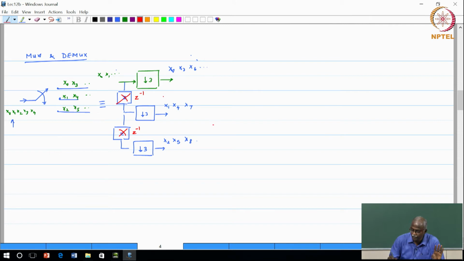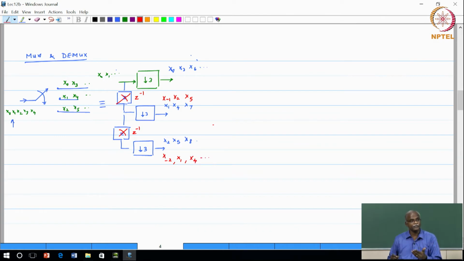So, x of minus 1 will be the first output, then x of 2, x of 5, and so on. The other branch would be x of minus 2, x of 1, x of 4, and so on.